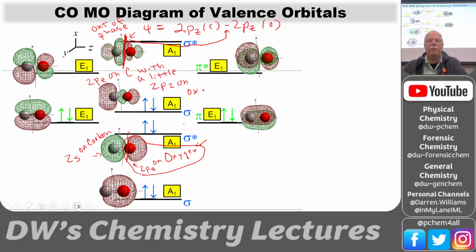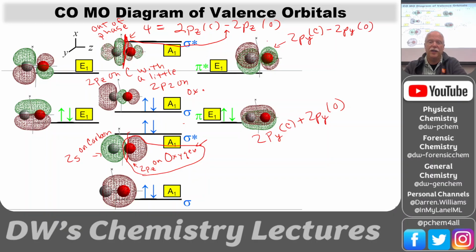Then we get to the pi and the pi star. Those are what we would expect. So let's see if we can show this. This is kind of coming in and out of the plane, and so we call this the PY. So 2py on carbon plus 2py on oxygen, and this is 2py on carbon minus 2py on oxygen.